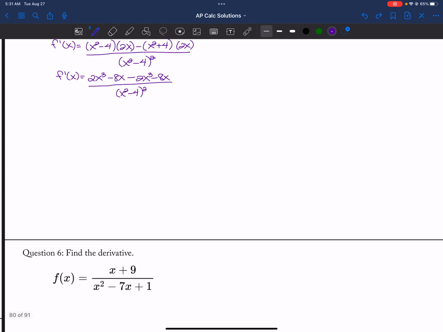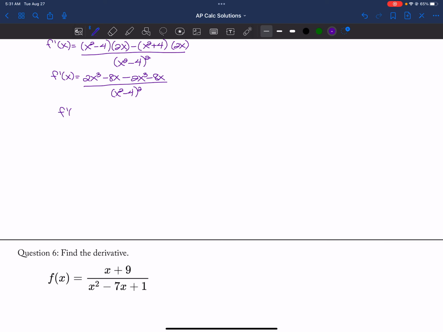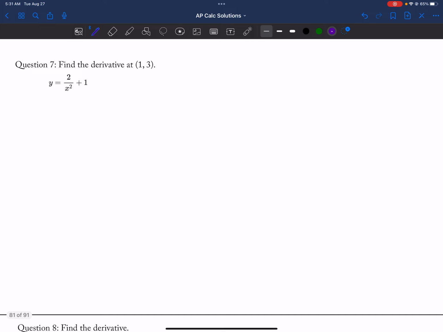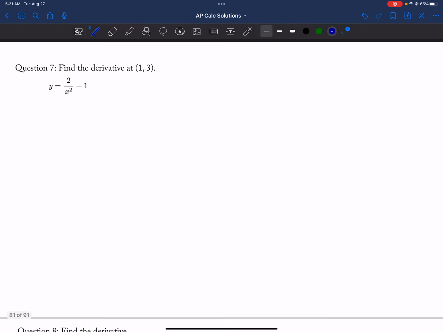Okay? So f prime of x is negative 16x over x squared minus 4, the quantity squared. That's 6. Here's 7. Let's see.